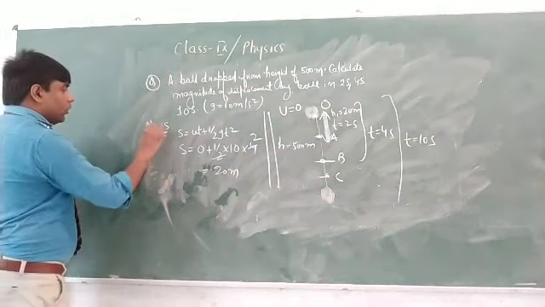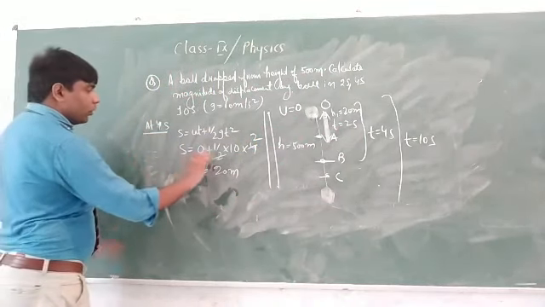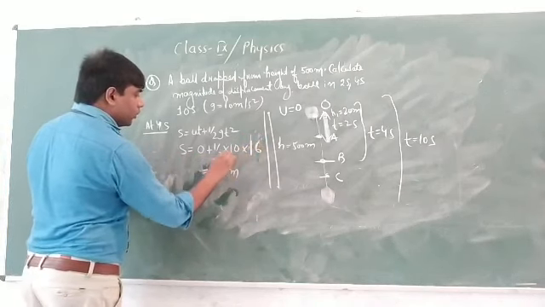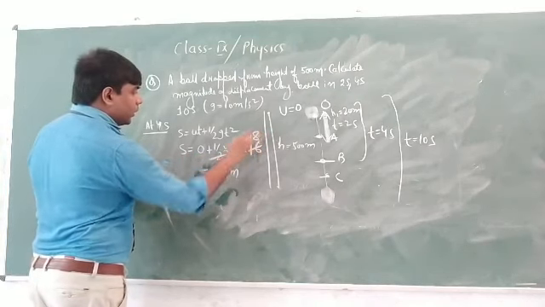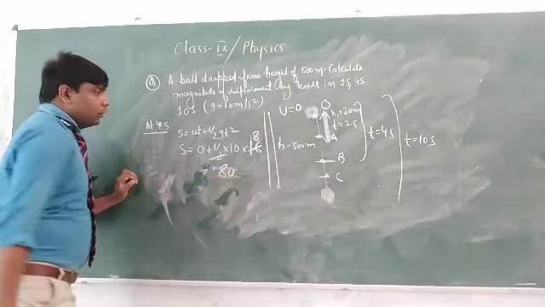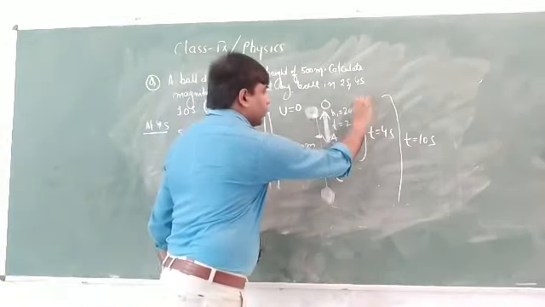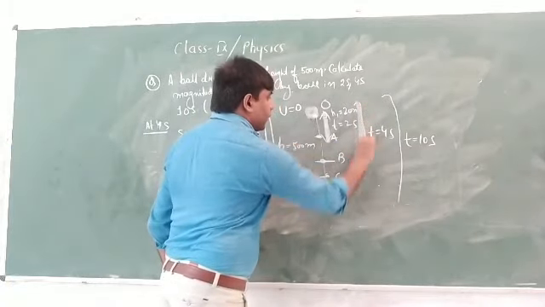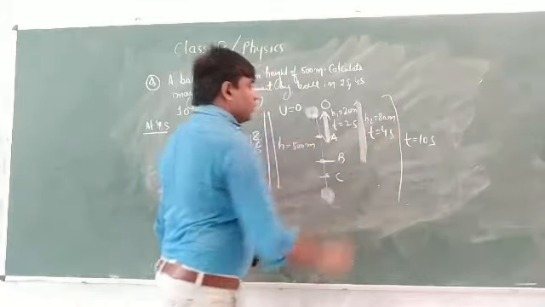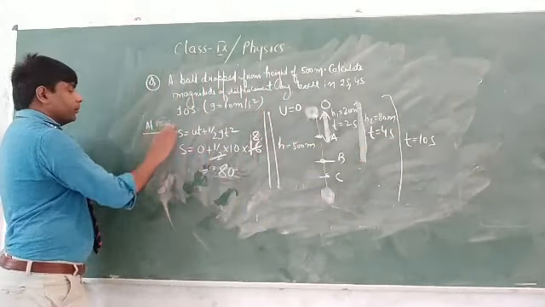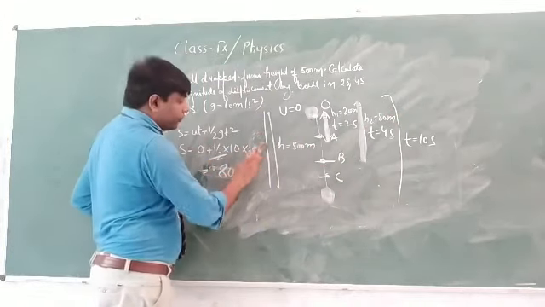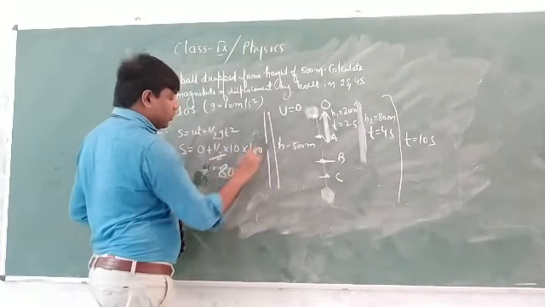At 4 seconds, everything will be the same, only here we write 4 squared, that is 16, and 8 into 10, that is 80. So displacement from initial to final, S2, is equal to 80. At t equal to 10 seconds, 10 squared is how much? 100, right?